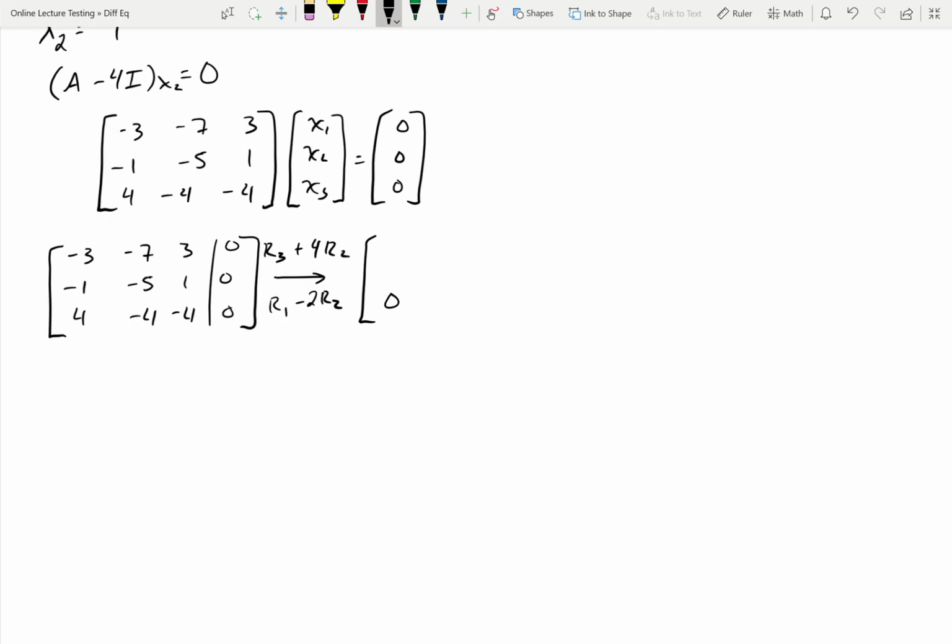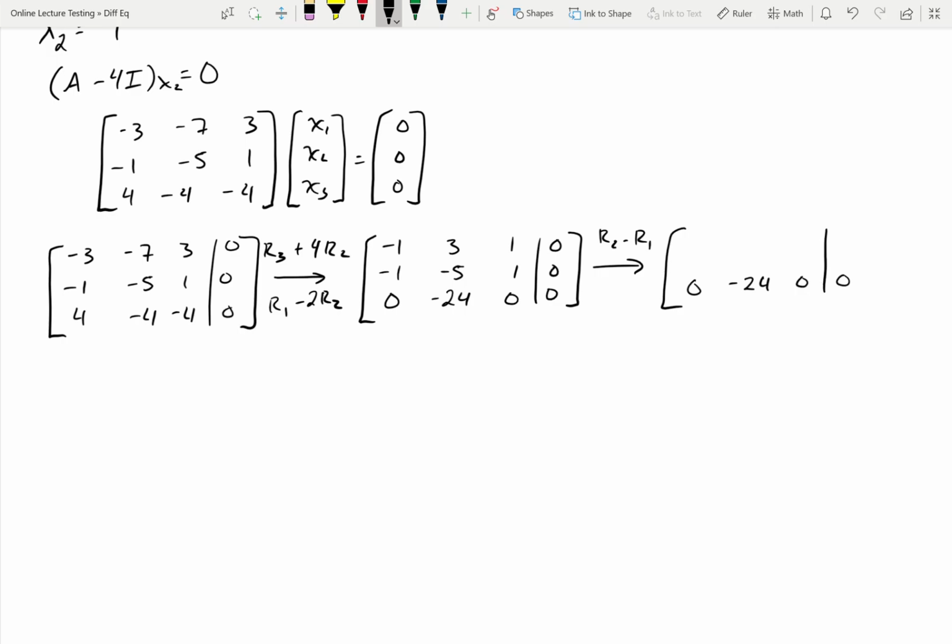So on our third row, we're going to get 0, -24, 0. On our second row, we have done nothing with it, so it stays the same. And then our top row is negative 1, 3, 1, 0. And now we're going to do row 2 minus row 1, which is going to give us our negatives that we want. 0, negative 8, 0, 0, and negative 1, 3, 1, 0.